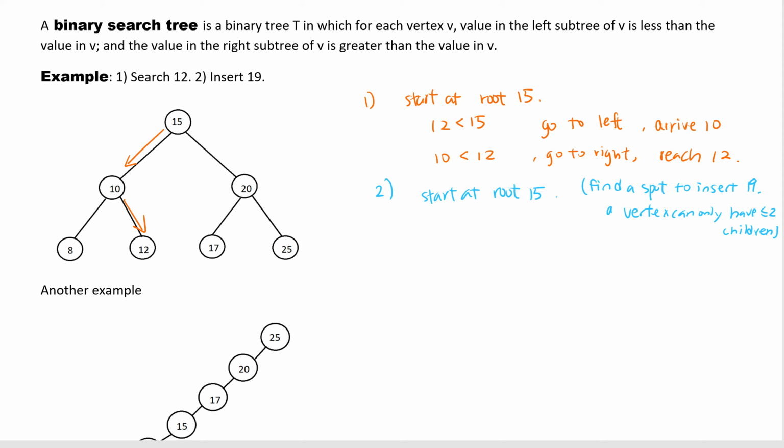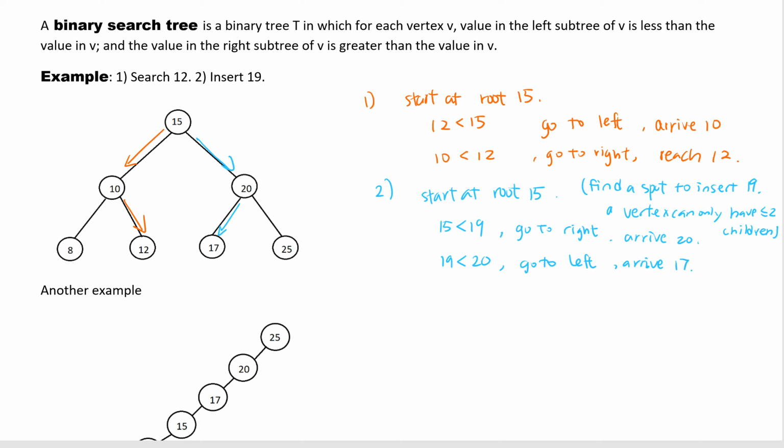So 19 is greater than 15, so we go to the right. Okay, so that is the 20, and so we arrive at 20, and because 19 is less than 20, we go to the left and we arrive at 17, right?